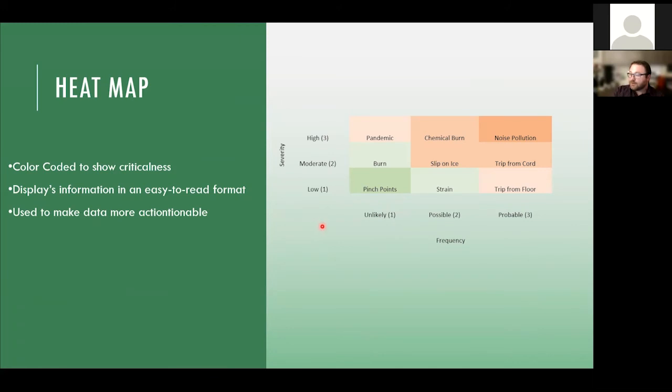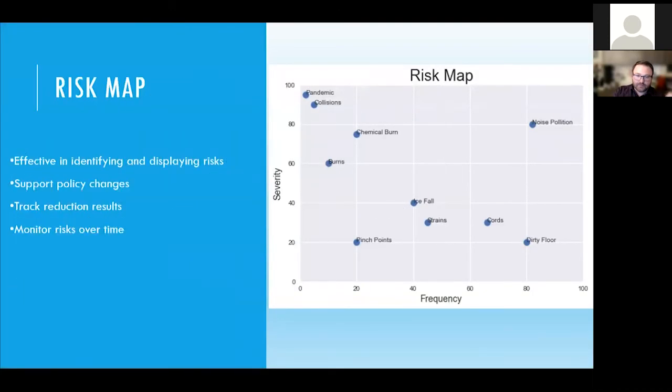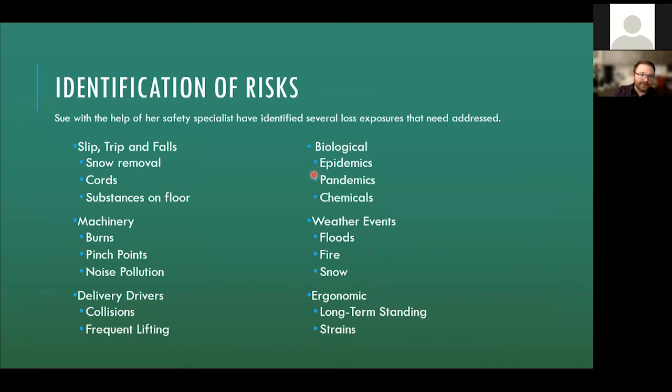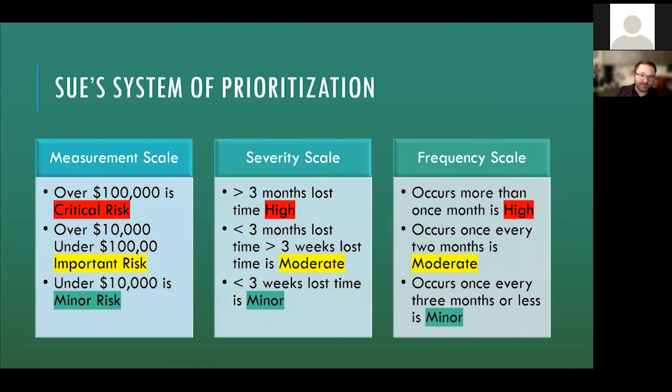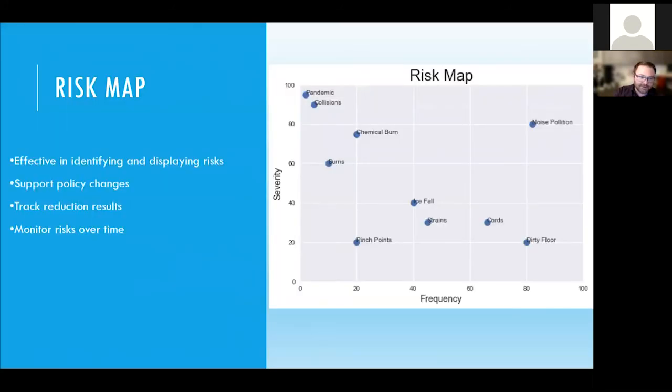And this is also used to make data more actionable. So if we think back on this data, it isn't actionable because we don't have anything to it. Then when we put our system of prioritization to it and we get a risk map, this makes the data a little bit more actionable.